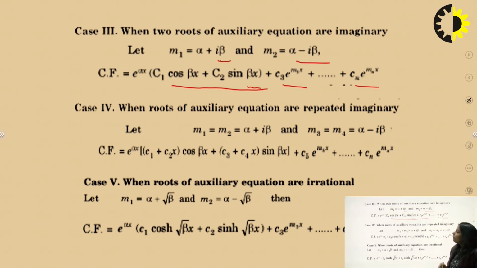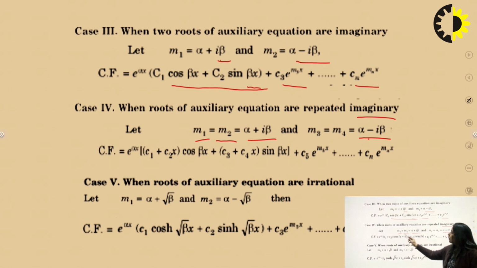These terms are for imaginary roots and these all are for real roots, plus up to cn e^(mn x). Now for the fourth case, when roots of the auxiliary equation are repeated and imaginary, let m1 = m2 = alpha + i beta and m3 = m4 = alpha - i beta. This root is conjugate to this root.